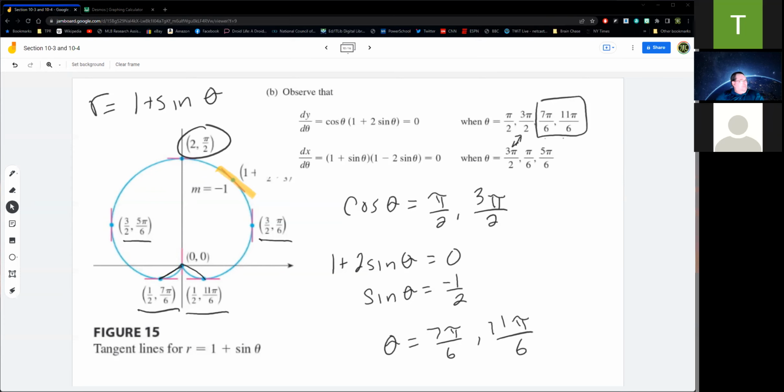So sine of 7 pi over 6 is -1/2. So 1 minus 1/2 is 1/2. And that gives you your r. That's how they got the 1/2s. Does that make sense? You have to remember, this isn't on the XY coordinates. These are r's and thetas.